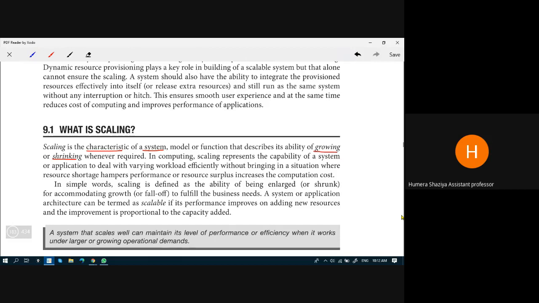Scaling could also be termed in cloud as the increase or decrease in the workload. The user submits workload to the cloud. The user system is this, and the user has submitted 5 applications to be executed on the cloud.